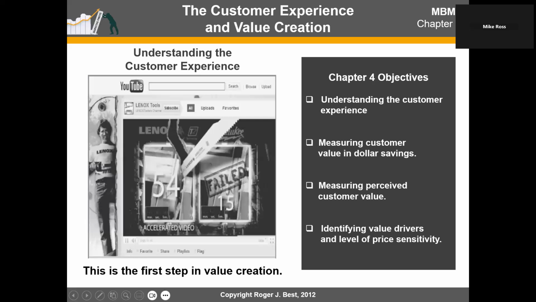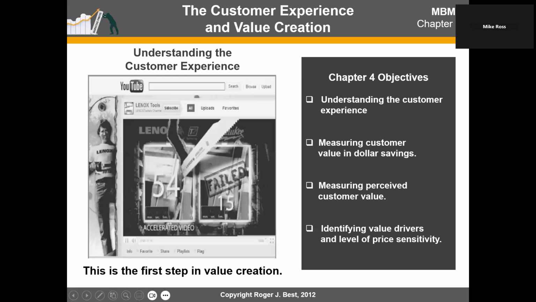Well, you determined it by having an idea in your mind of what something is worth versus what you ended up paying for it. So, again, this is a fairly straightforward concept, but here in chapter 4, Best breaks that down in a very systematic way.